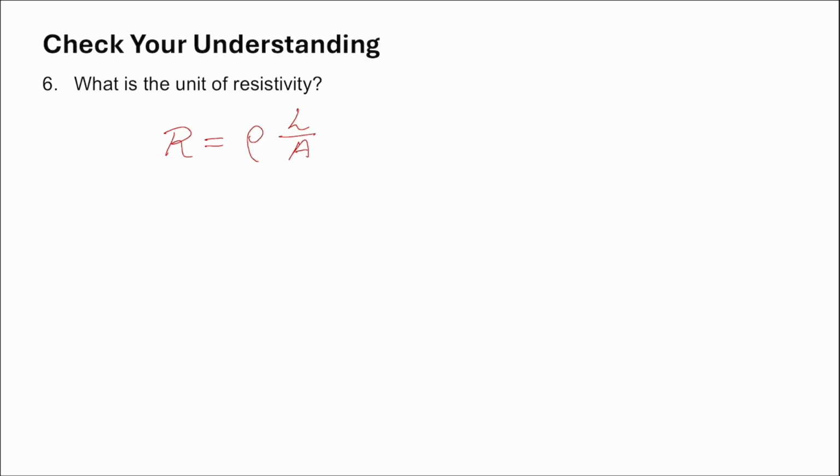Now we do some algebra. We put resistivity as the subject of this equation. So it becomes rho equals R A over L. And now we ask, what is the unit of resistivity? This is the unit of R multiplied by the unit of area and divided by the unit of length.